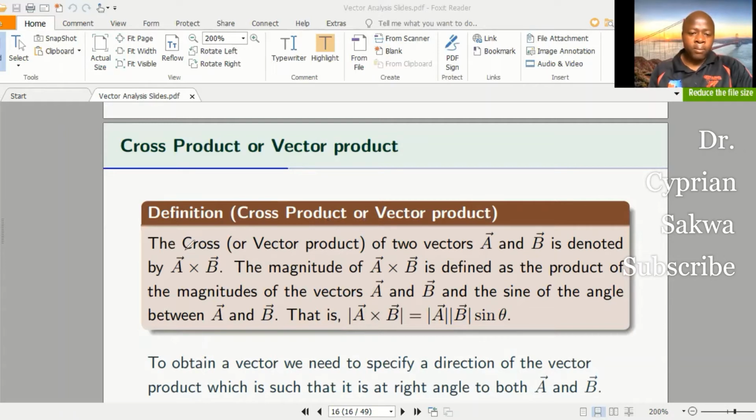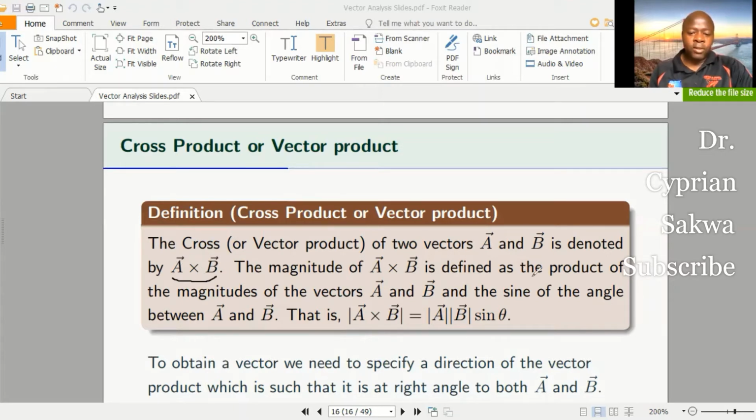Just before that, we need to know how to denote the cross product. The cross product, which we also call the vector product, of two vectors A and B is denoted by vector A cross vector B. So this is how we denote the cross product if you're given two vectors A and B. Now, how do you get the magnitude of this cross product?